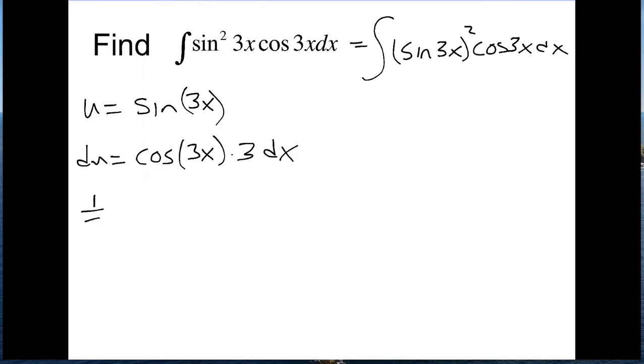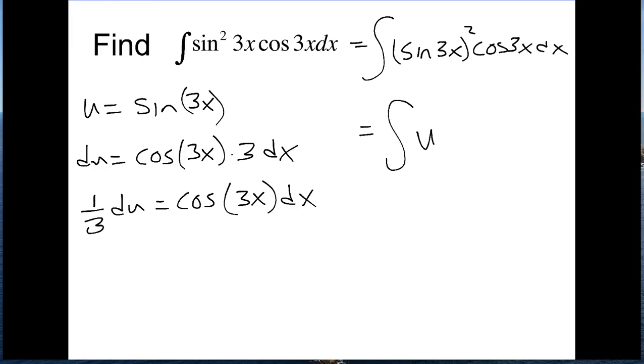So if we move that 3 over, we have something like this. And then if we simplify this or plug in u, this is the integral of u squared times 1/3 du.